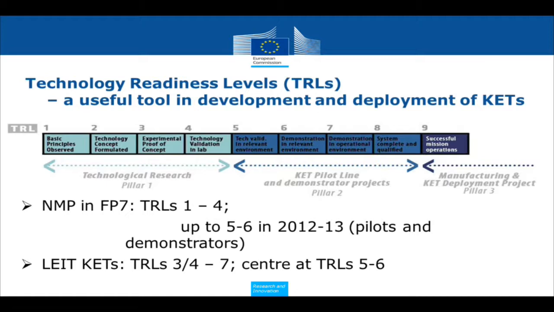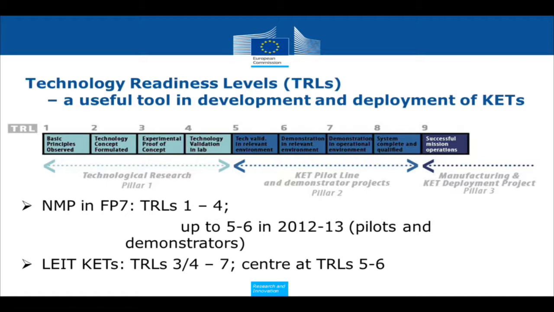Now, let me say a few words, because there were a number of questions about that. So 5 and 6 are the area where a lot of our activities in terms of the funding are. These are the demonstrators in relevant environments. So this is the all-important step between the lab and industry. Whereas 7 is the demonstration or the pilot line in the operational environment. That is the difference between 7 and 6.